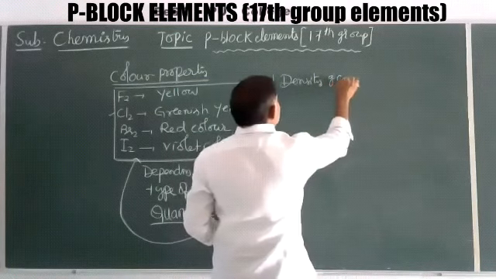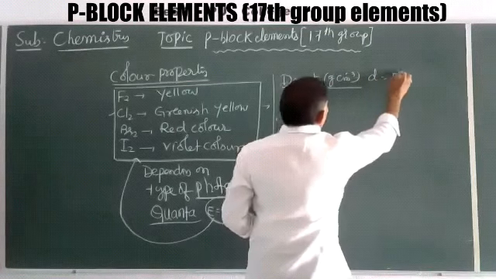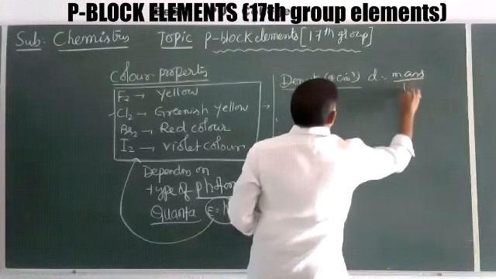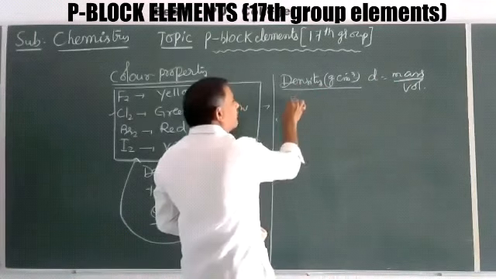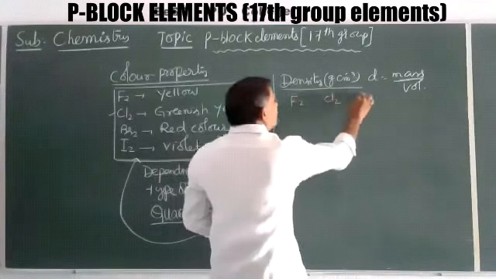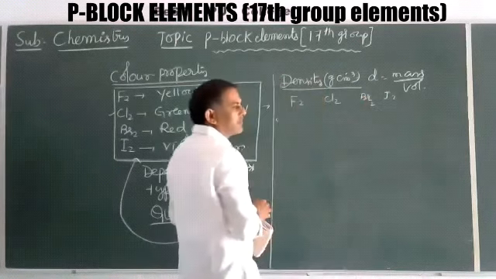Density is in gram per centimeter cube units. Density is equal to mass by volume. Now here the fluorine, chlorine, bromine, iodine, and astatine.